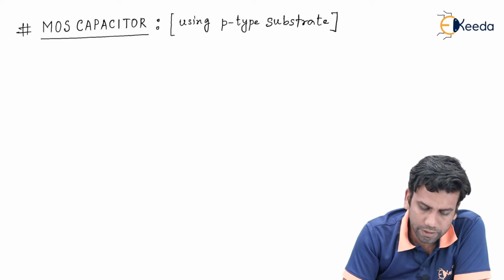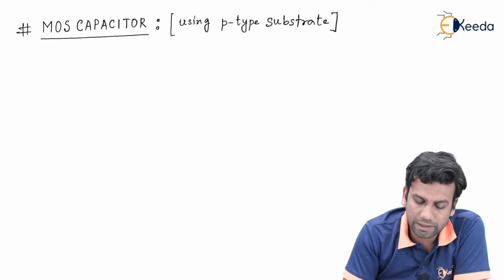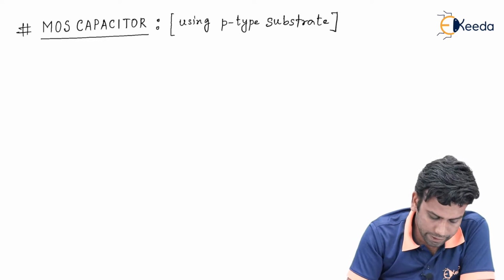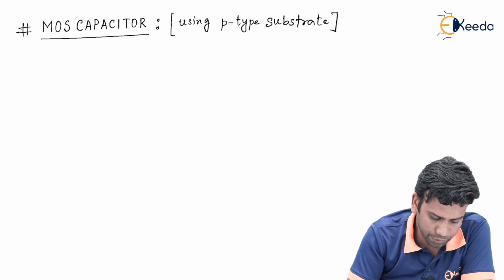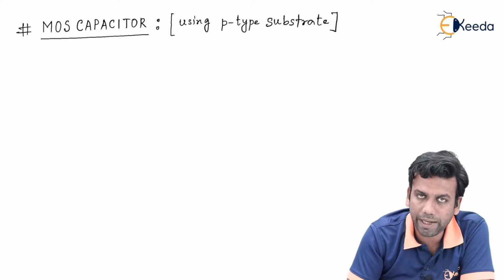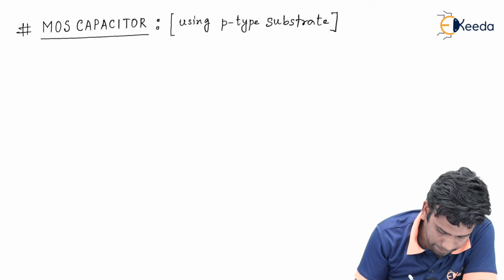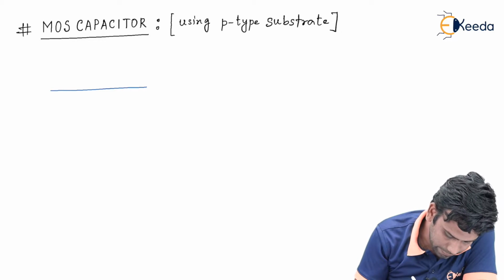So for that, let us analyze what a capacitor is, then we will go to the MOS capacitor. For this, the MOS capacitor can be explained using the parallel plate capacitor. So we know that the parallel plate capacitor can be drawn in this fashion.